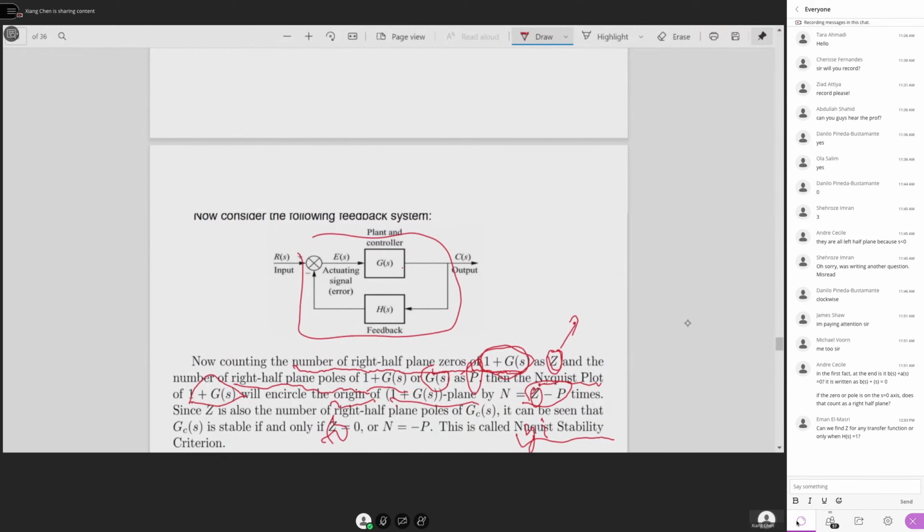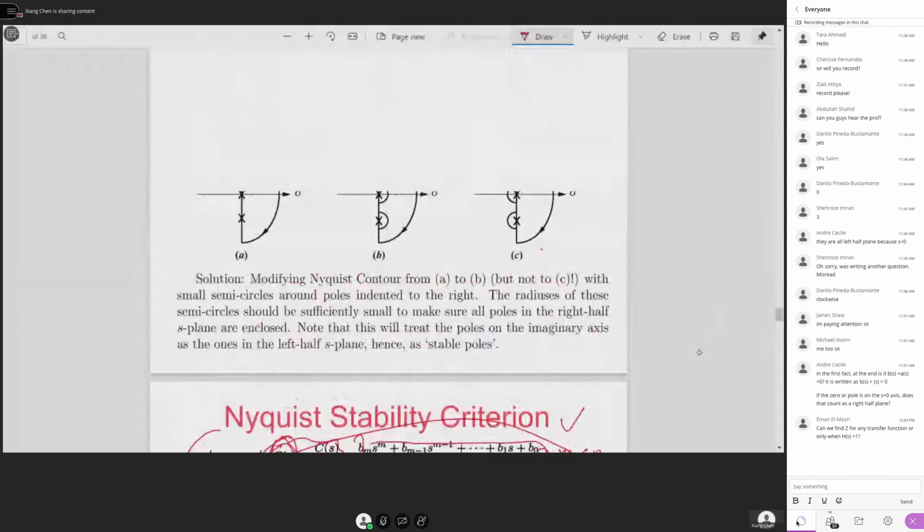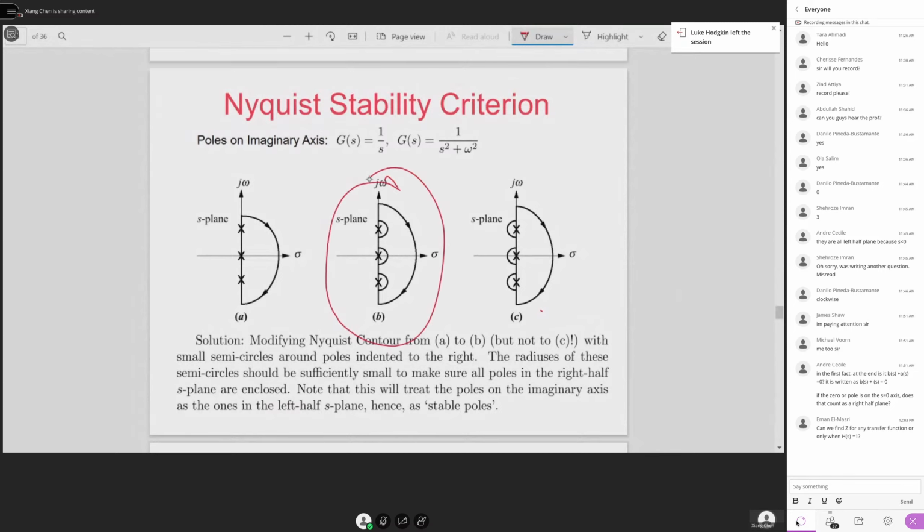But the poles on the imaginary axis, remember we said that here, we're going to use the modified Nyquist contour to evaluate the Nyquist plot. And as long as you use the modified Nyquist contour, then all the facts that we stated later hold, okay? Because when we use the modified Nyquist contour, we exclude all the imaginary axis poles to the left.